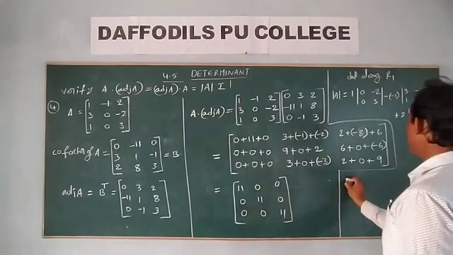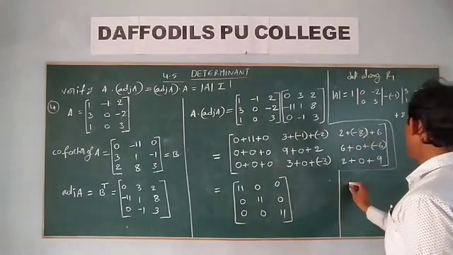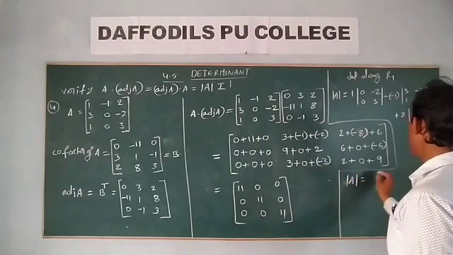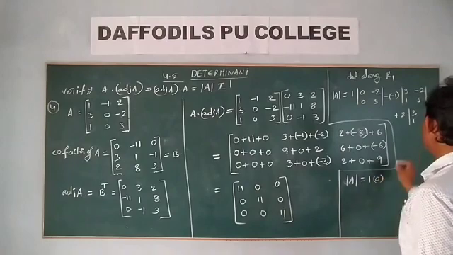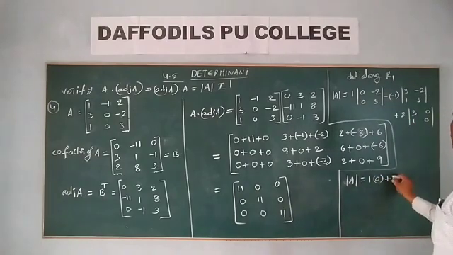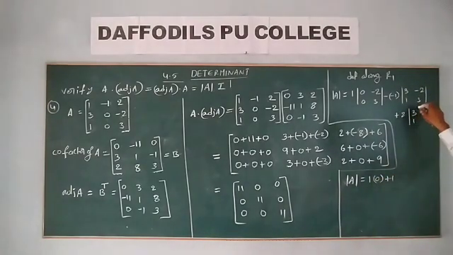So what is the determinant of that A value? That A value is equal to 0. 1 of 0, minus into minus plus 1. 3 3s are 9, minus 2. Here also plus 2, 2 of 3 zeros, 0 0 minus 0 0.